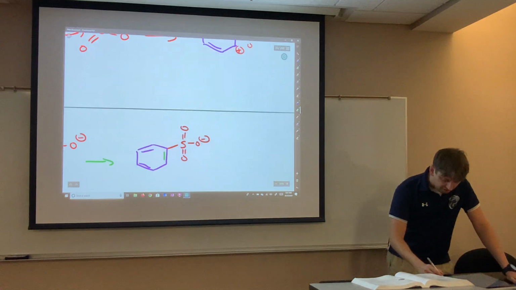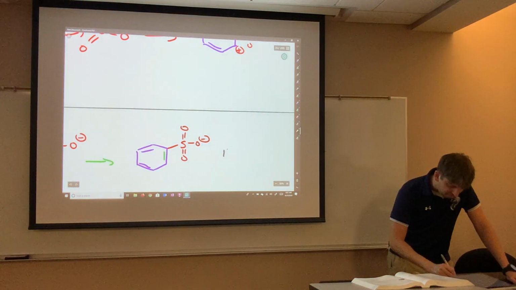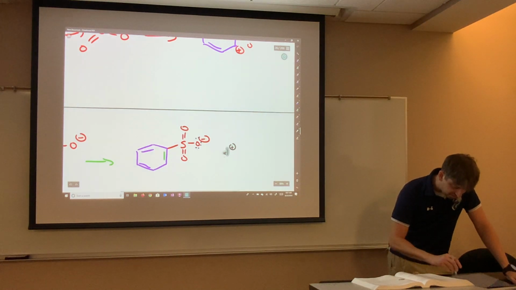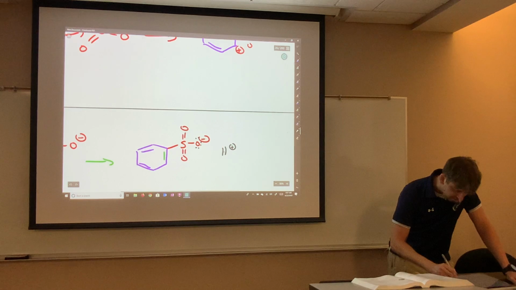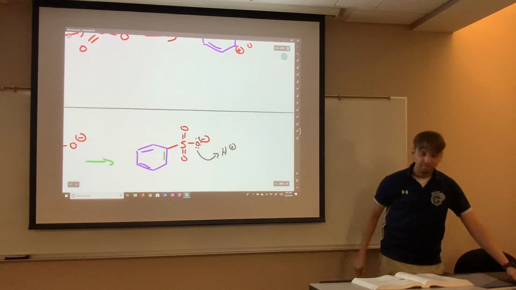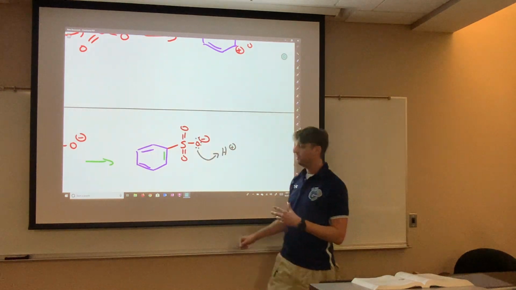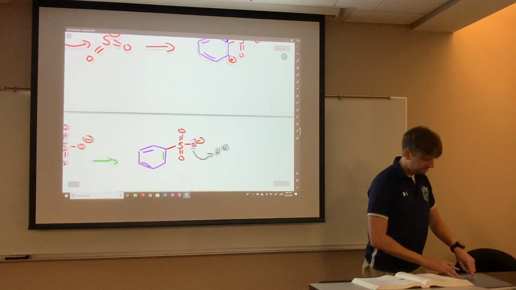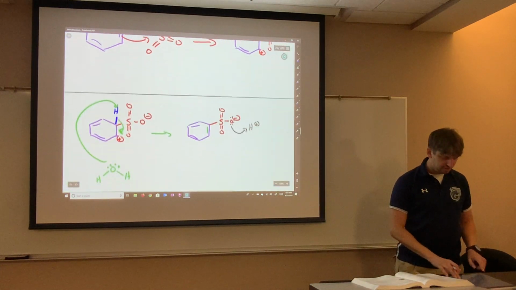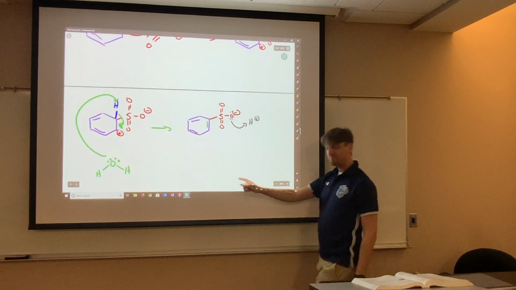This negative charge is going to find a positive from something. We can just leave it generic as H. Well, let's do a little bit better than that. We can find an H plus from something. Is it from the initial sulfuric acid? Could be. Is it from the H3O plus we just generated here in green? Could be.